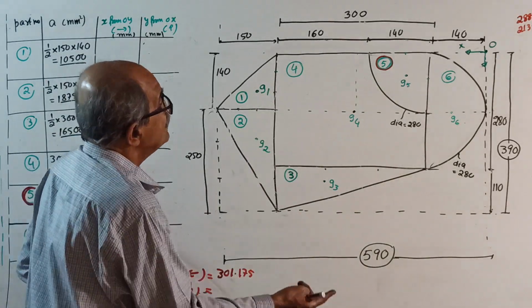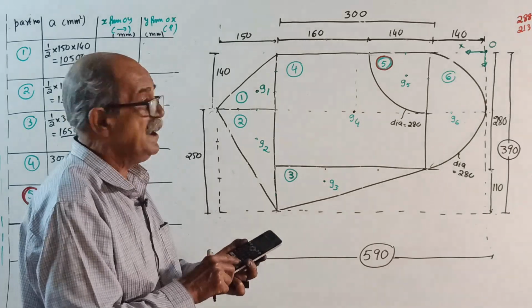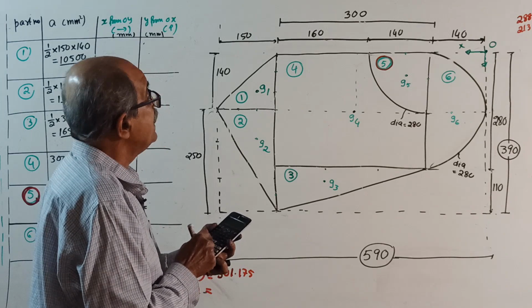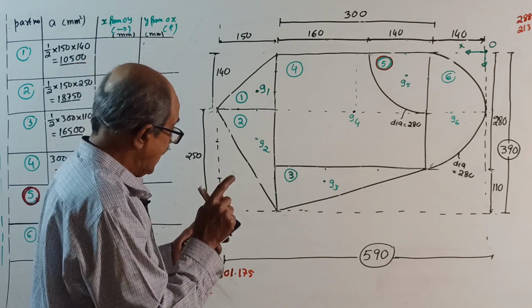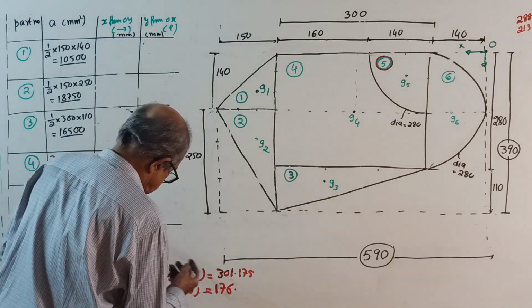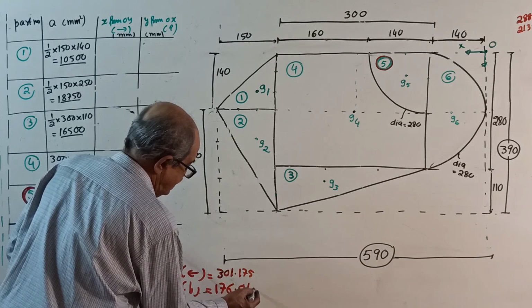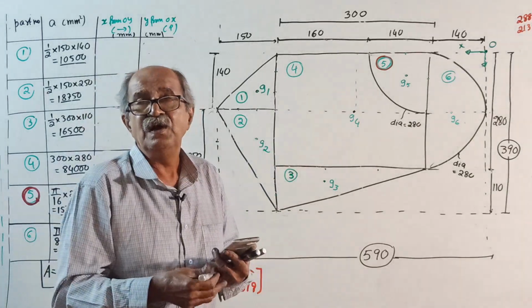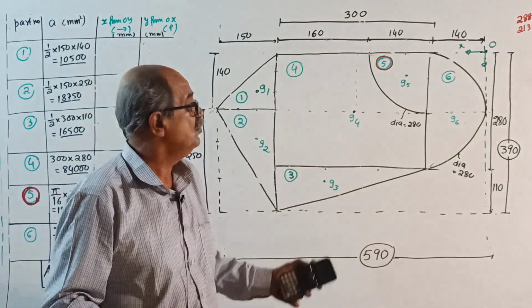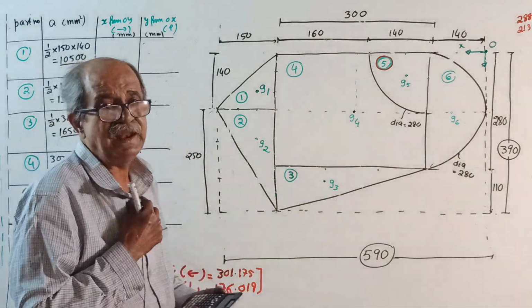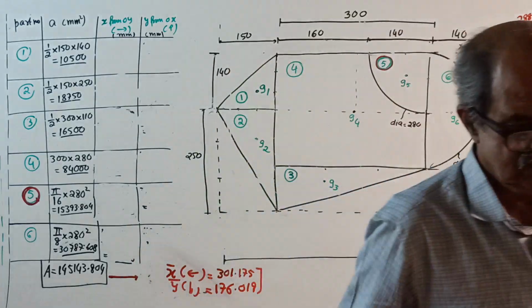Just now from the bottom you got 213.981, so 390 minus 213.981, it has to come 176.019. If this answer comes, then 100% our calculations are correct. We can go for moment of inertia. I will fill up the table and explain.